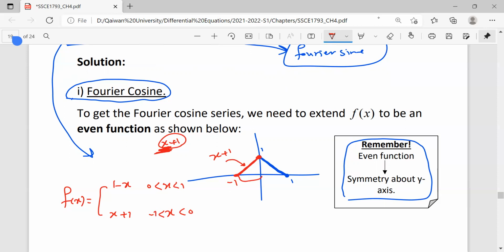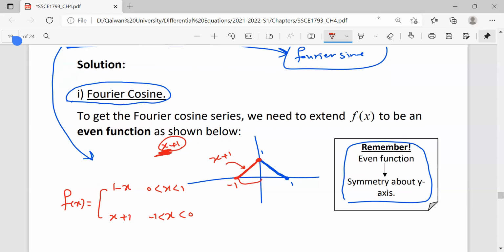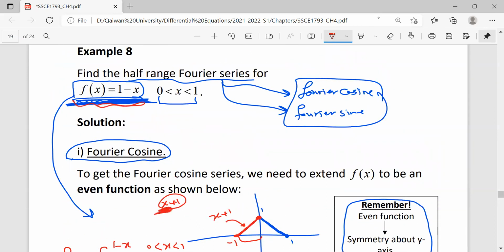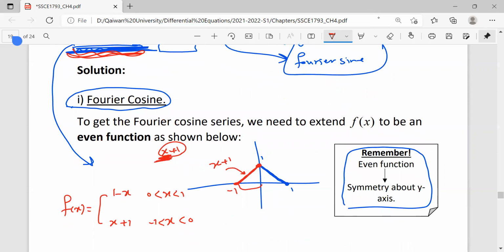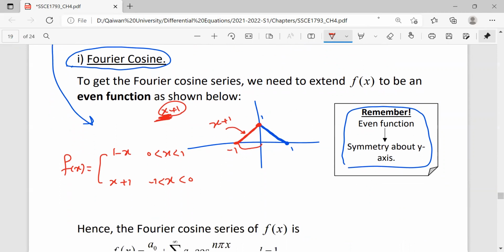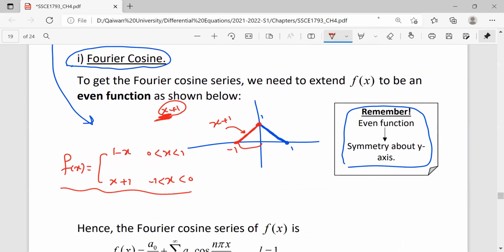This is an even function. We first must construct the even function from the function which is given. We draw its graph, then we find its other part, which is symmetric about the y-axis, and from this part we can get the other part of the equation. So it's a piecewise function, and this function is an even function.